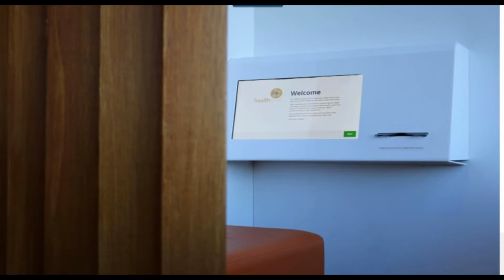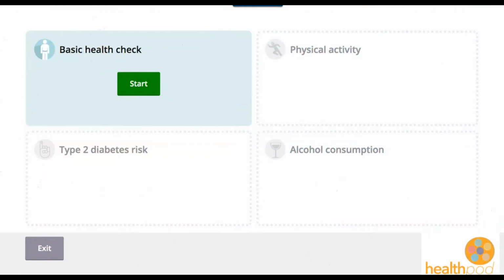There's a screen on the outside which has a rolling slideshow inviting patients and enticing them to come in. And as patients come in, this is what they see. So there's a welcome screen, and they can go in and sit on the stool there, press the start button, and it then takes them through the interactive data collection exercise, really.